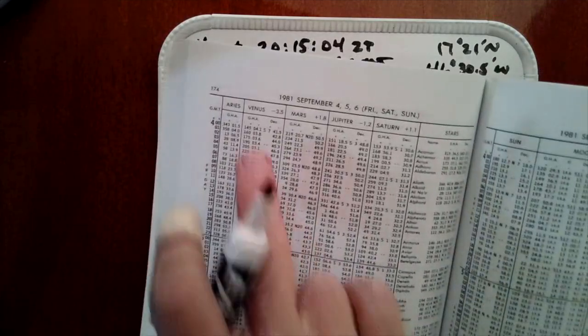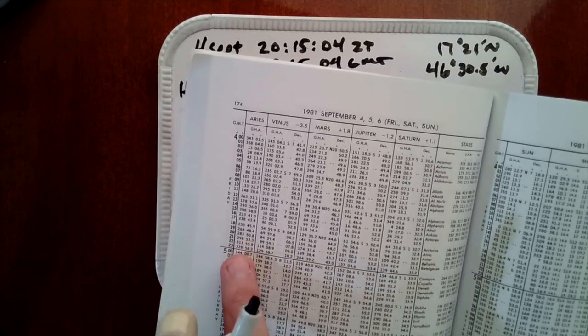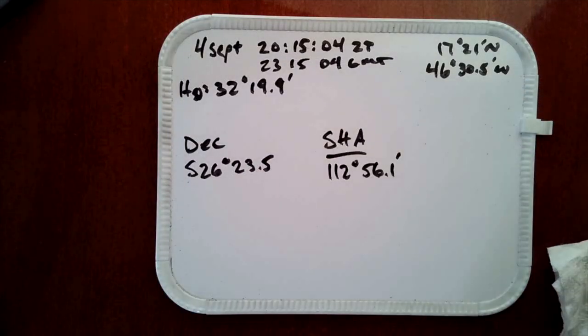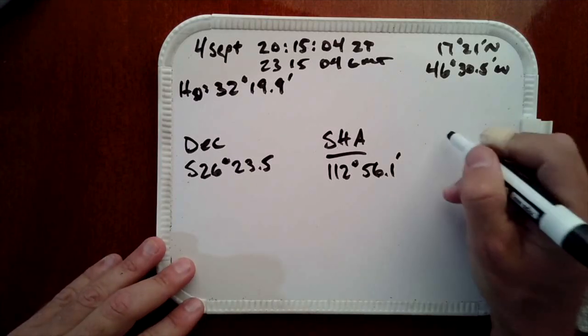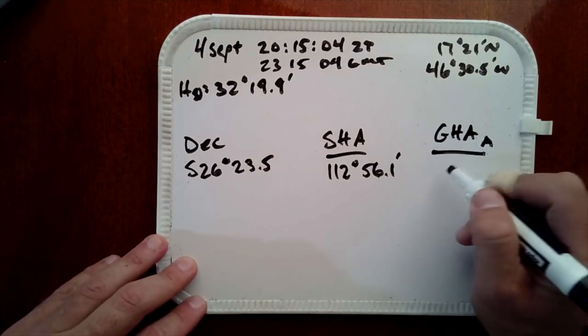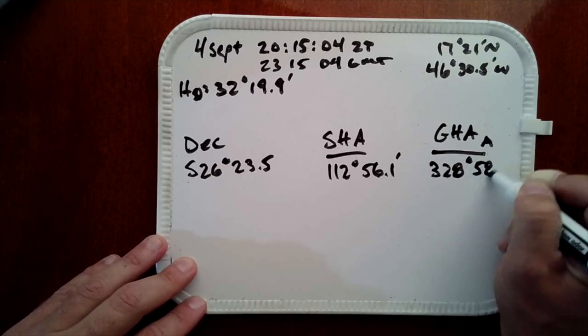Then for the 4th of September at the appropriate time, we'll pull out the value for the GHA of Aries. So that's 328 degrees 58.2.